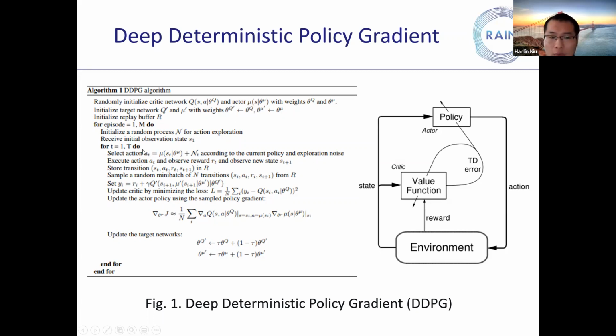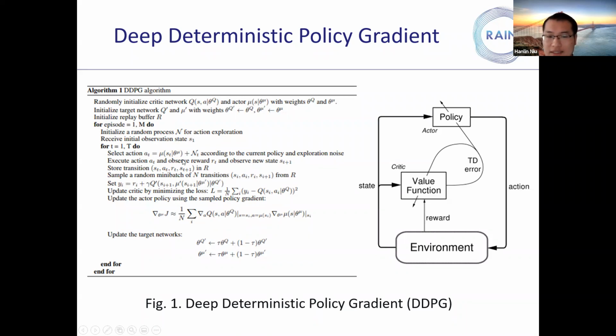Then we select an action based on the current actor policy. At each time step we execute the action command, observe how much reward it receives, and observe a new state.